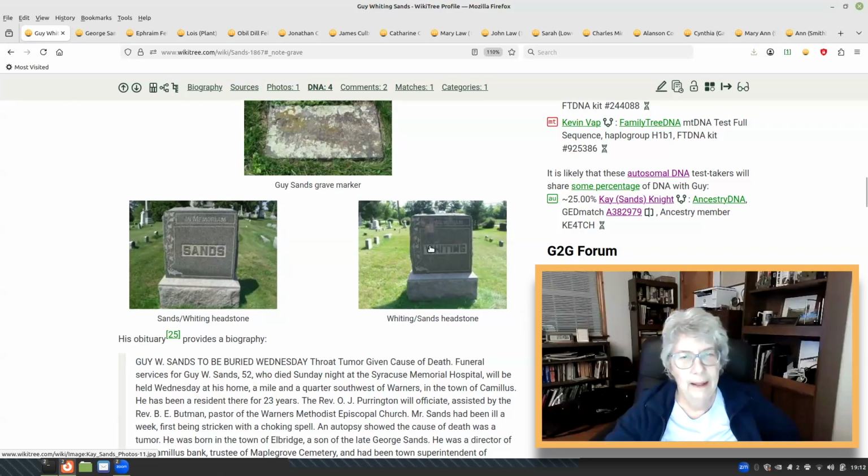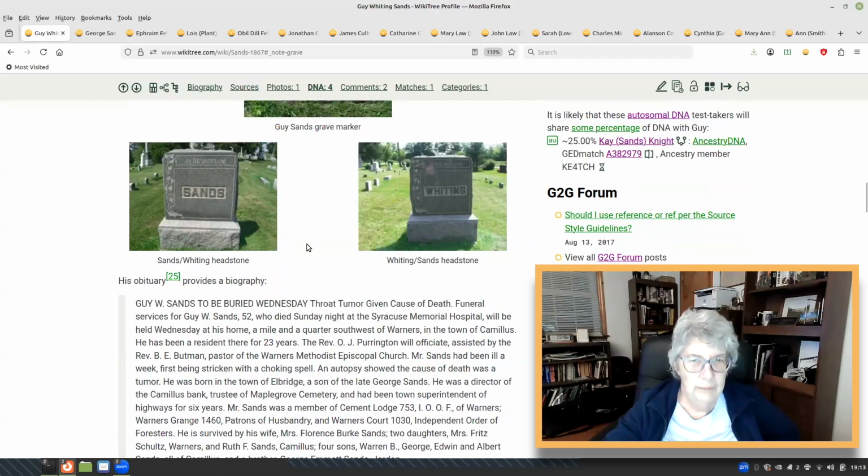Okay. Well, I'm in the Maple Grove Cemetery, and I have a point on Ephraim. When we look at his grave, we'll see that the same person who originally was the manager for the Find a Grave for all the sands in this cemetery is also the manager for this guy, because it's 10 miles down the road.